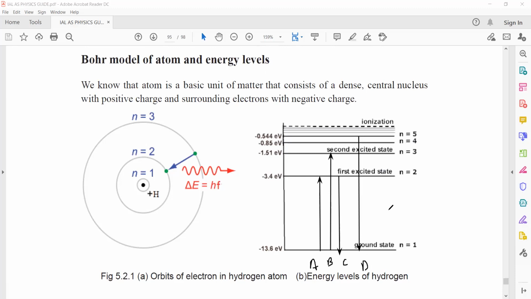So which of them will release the highest amount of energy? A, B, C, or D?